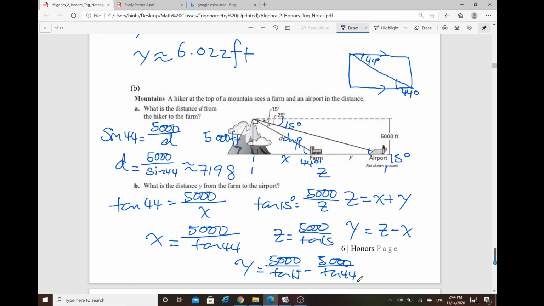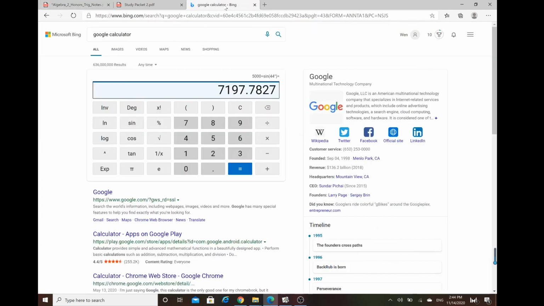Okay, so let's find out what that is on the calculator. 5,000 divided by tangent of 15 degrees, close parentheses, minus 5,000 divided by tangent of 44 degrees. Okay, here we go.